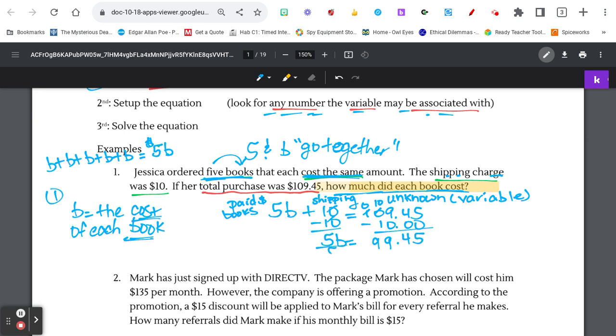So you're going to divide both sides by 5. So take 99.45, and I will let you use the calculator for this lesson. That means Jessica paid $19.89 for each book. And that's all you do. Pretty simple.